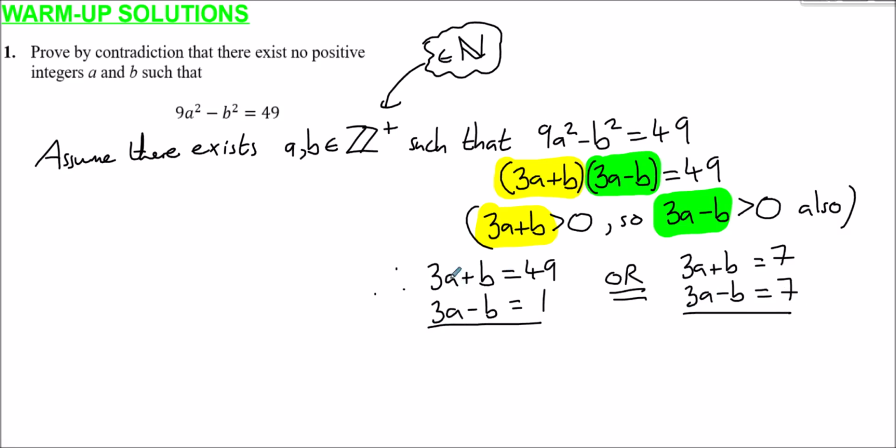So we can add these two together. 3a plus 3a gives 6a, the b's will cancel, and 49 plus 1 gives us 50. Therefore a would be 50 over 6, which is 25 over 3. And then if we had that, we could work out b.